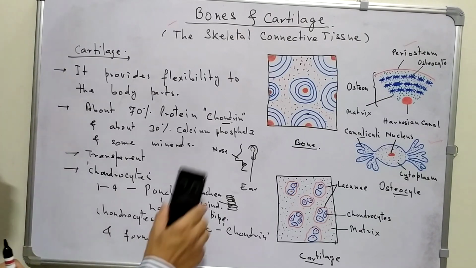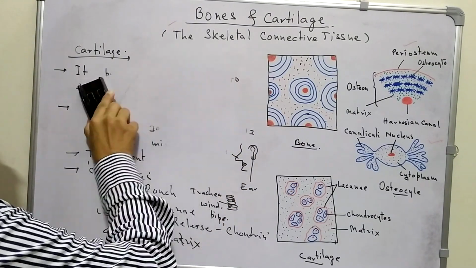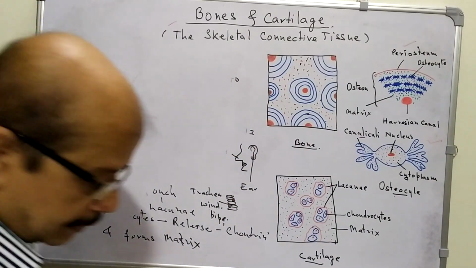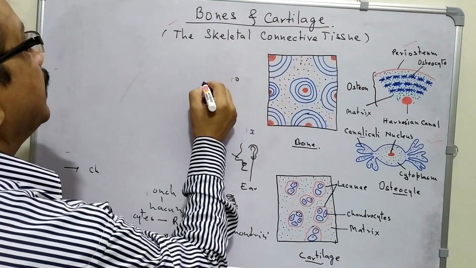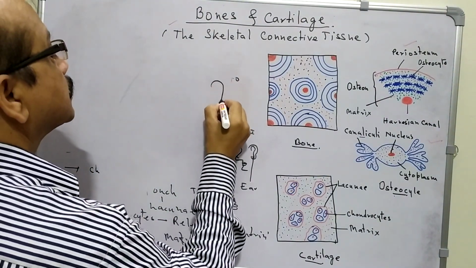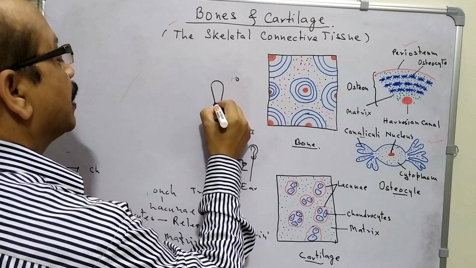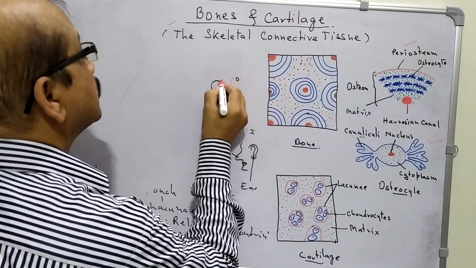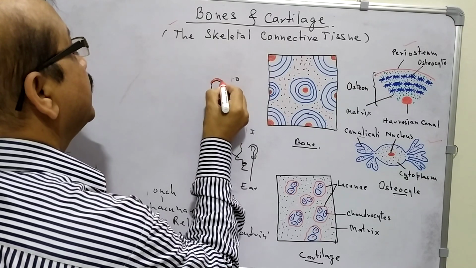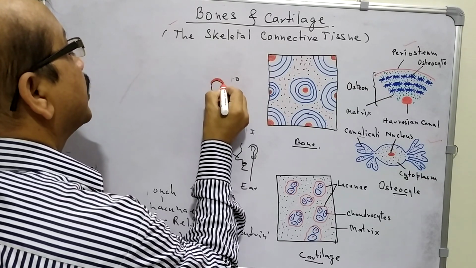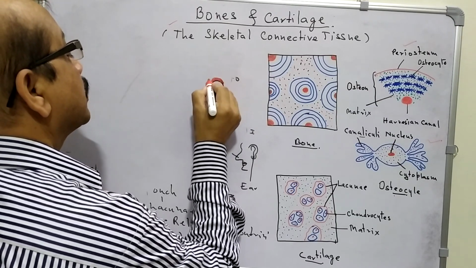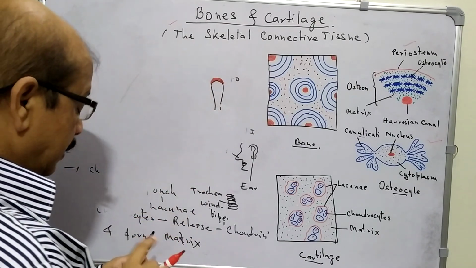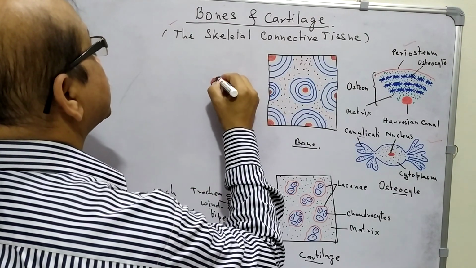Apart from this, cartilage is also present at the ending of long bones and serves as a shock absorber at the ending of bones and in the vertebral column.